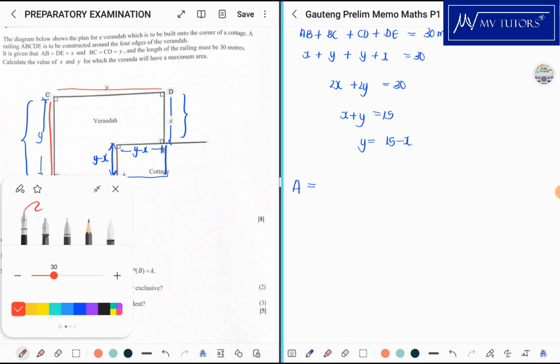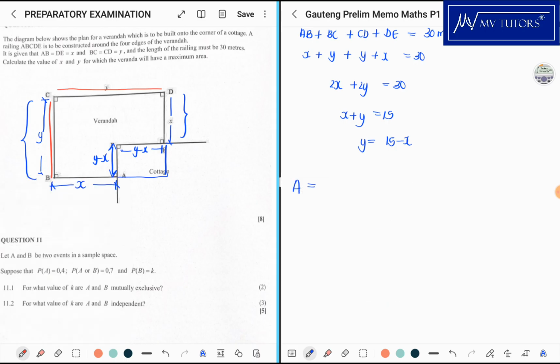I have y squared, but I must subtract the smaller area, which is y minus x squared.